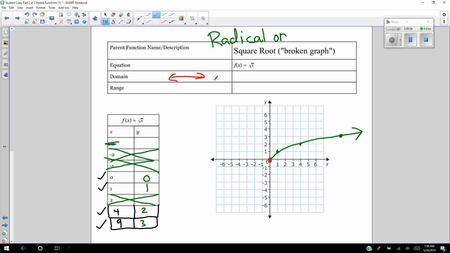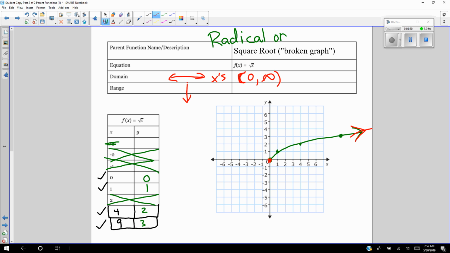Remember, domain, we use the x's. So that leftmost x coordinate is 0, and we're going to use a square bracket since it includes that value. And then it's moving to the right forever. It's going to keep moving right all the way to positive infinity.